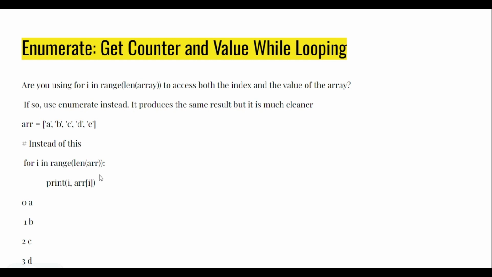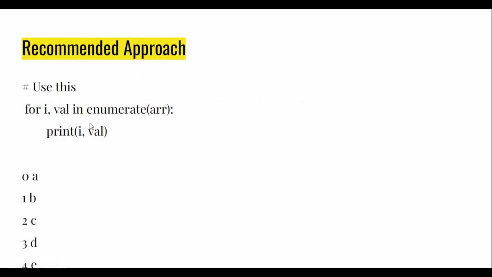So instead of using such an approach, what is the better approach to use? You have to use enumerate. What this enumerate will do: for i, val in enumerate, you have to use the enumerate function and pass your array here, and print i and val. Automatically, whatever the index number is will come in i, and whatever the value of the array is will come in the val variable, right?